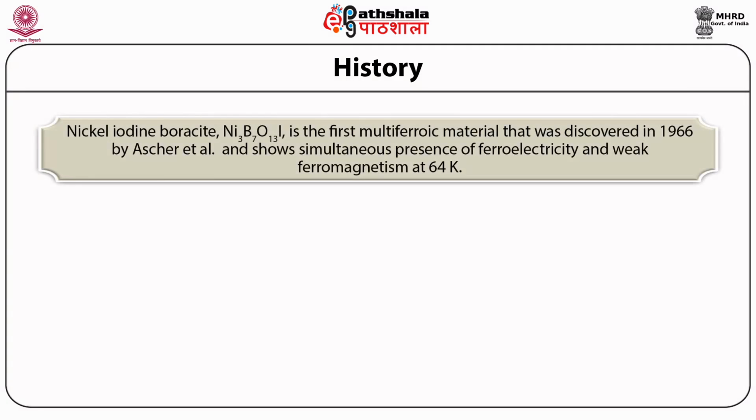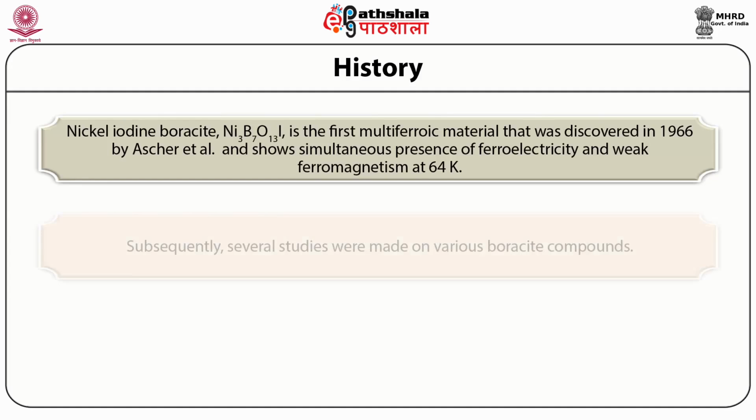Nickel iodine boroside, Ni3B7O13I, is the first multiferroic material that was discovered, in 1966 by Ascher et al. It shows simultaneous presence of ferroelectricity and weak ferromagnetism at 64 Kelvin.